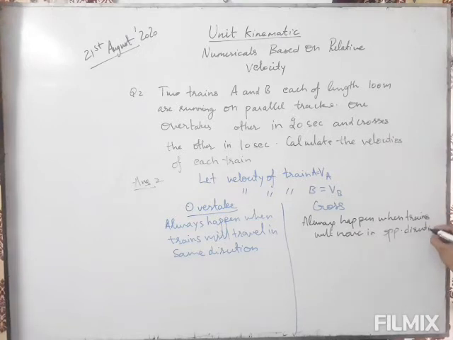So I hope this concept is clear to you. One is overtake: when the vehicles are traveling to overtake, they will be traveling in the same direction, and when they are crossing, they will travel in the opposite direction.